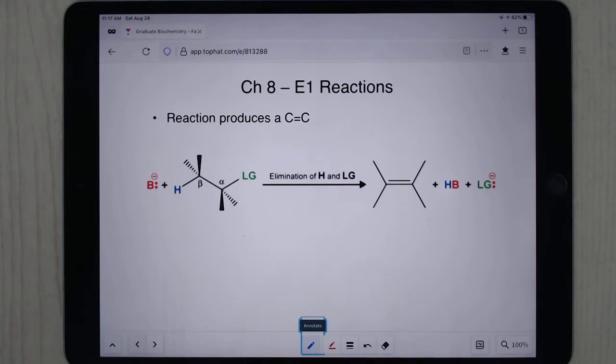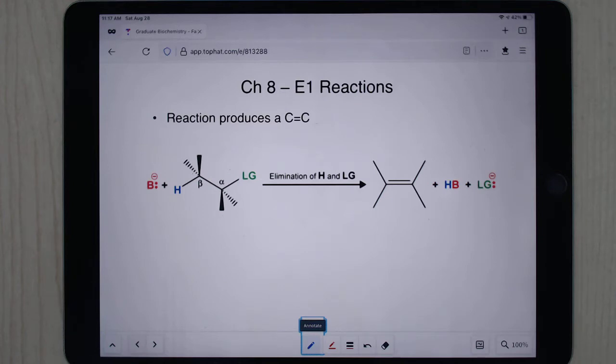So, elimination reactions are typically taught alongside the substitution reactions because they're sort of cousins: you have an electrophile, you have another molecule that has negative character to it, and the electrophile has a leaving group which ends up leaving.